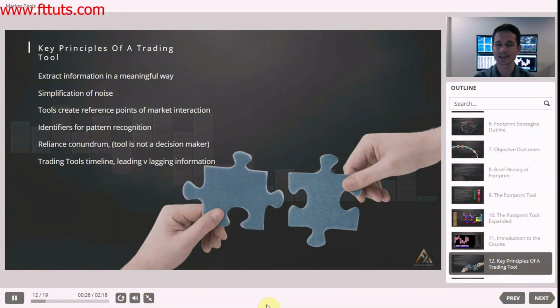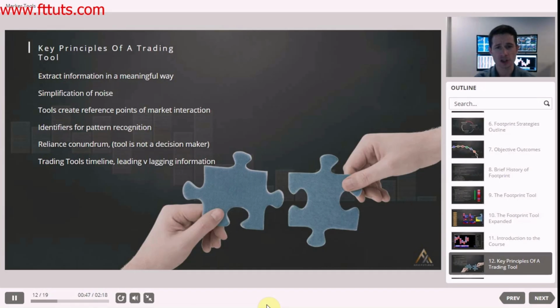Now the reason I wanted to discuss this very early on in the course is that one of the biggest errors I see a lot of young and developing traders make is an over-reliance on the trading tool to make decisions. One of the key principles of a trading tool is that the tool is there to extract information in a meaningful way.